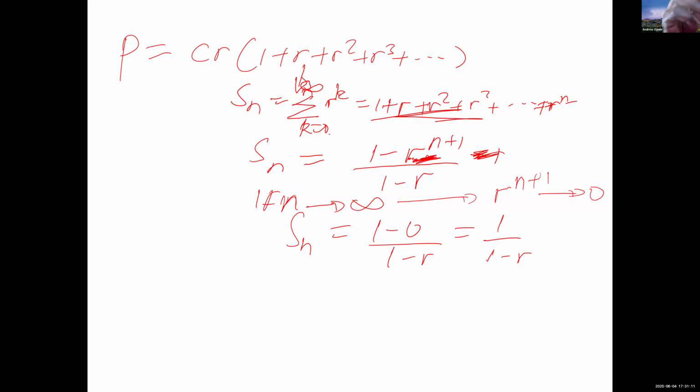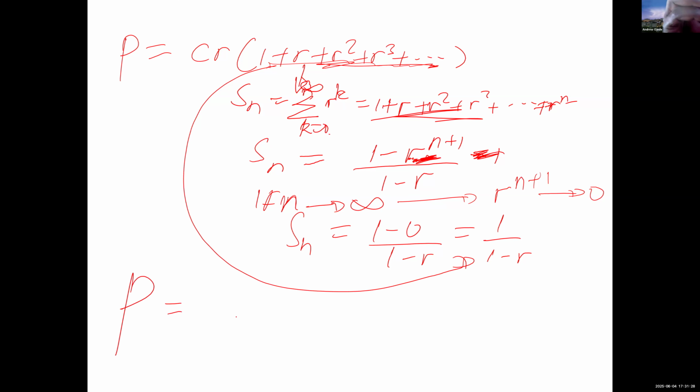So that means the sum of what you have in the bracket for a perpetuity bond is just going to sum to that, because a perpetuity bond pays you coupon forever, indefinitely, in perpetuity. So the price is going to be equal to CR, and in the bracket is just going to be 1 over 1 minus R, because that's what the sum of this is.